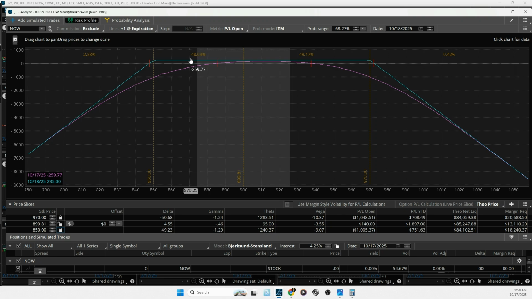You shouldn't be doing this trade. This is putting together a successful cash secured put option on this side, a successful covered call on this side.